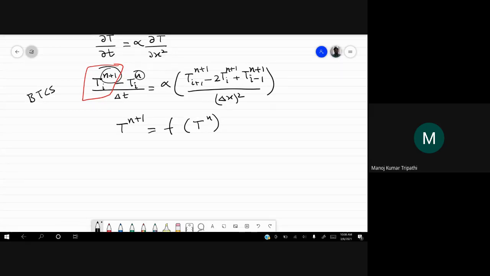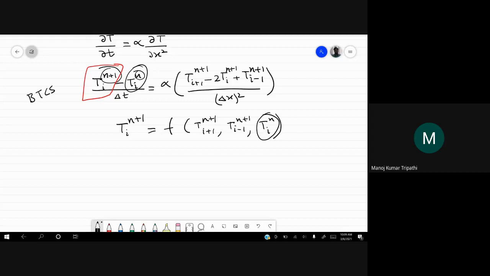We discussed this. We said that we will write all of these equations. So we will write Ti at n plus 1 as a function of n plus 1 at other space points. Okay, i plus 1, i minus 1, and so on. And there will be Tn also, you can see here, this will go to the right hand side. So this is not just Tn plus 1, it is Tn plus 1 at different space points or grid points, and there is Tn also.